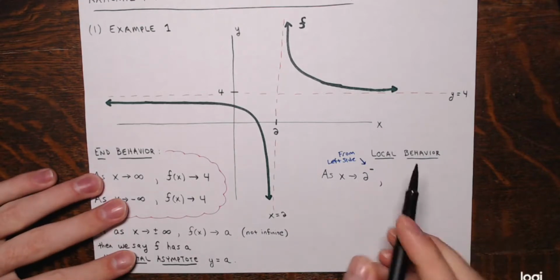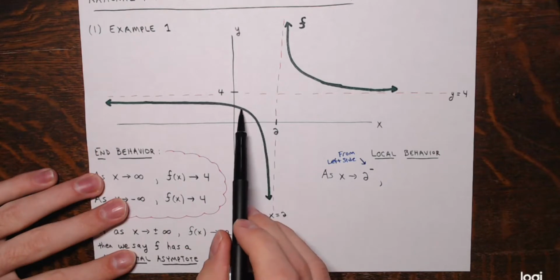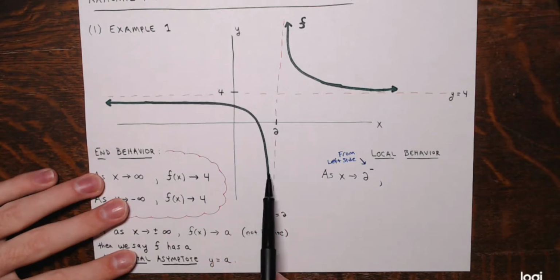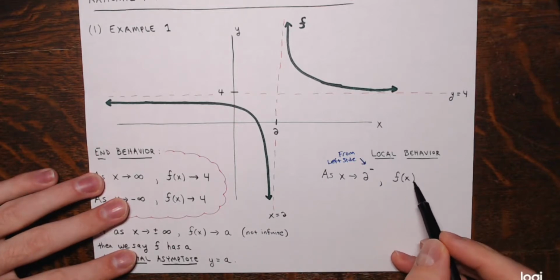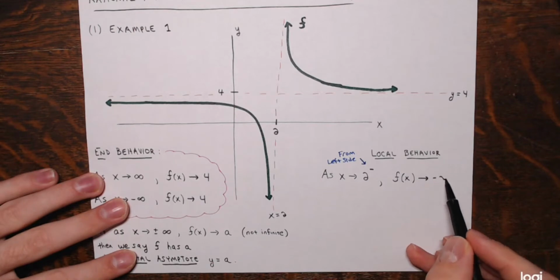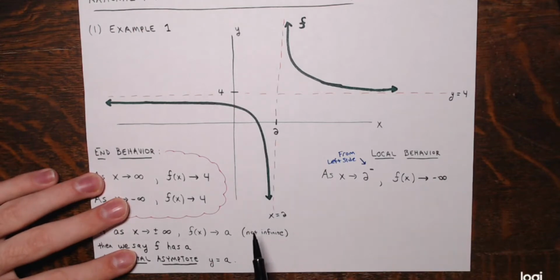So what we're seeing is, as x approaches 2 from the left, the value of f, right, the value of the function, goes to negative infinity. You can see the graph going down forever as you approach 2 from the left.